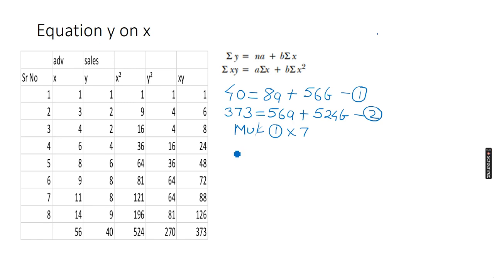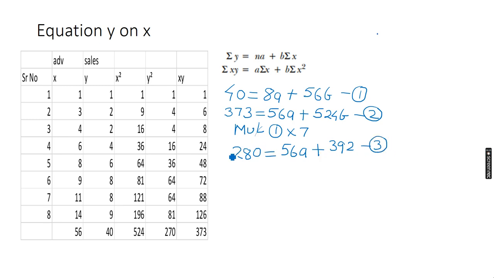So let's do that. 40 into 7 is 280, equal to 8 into 7, 56a, plus now 56 into 7 would be 392. I will name this as equation 3.